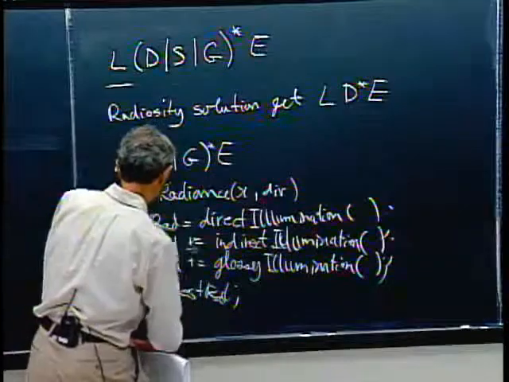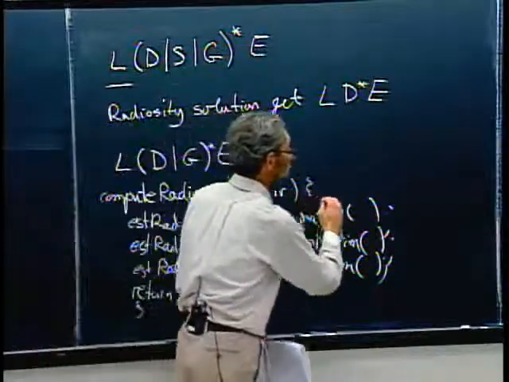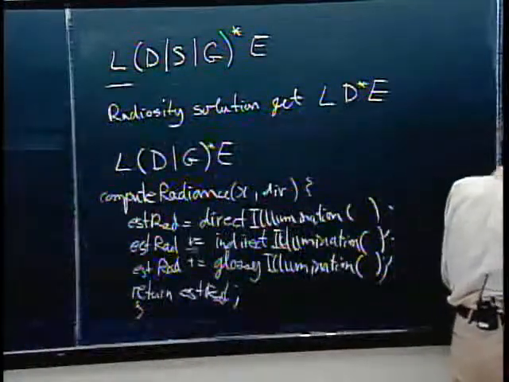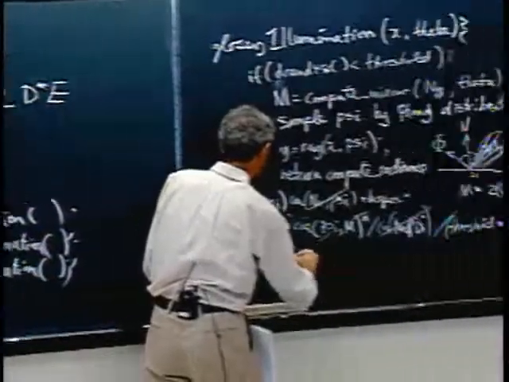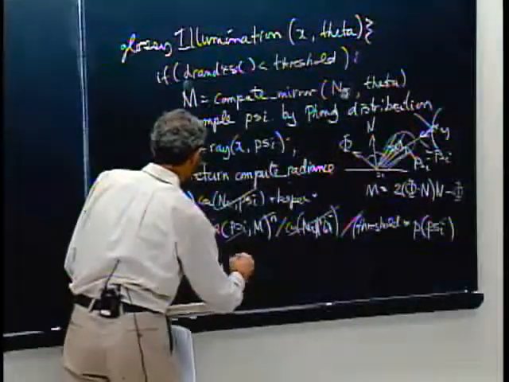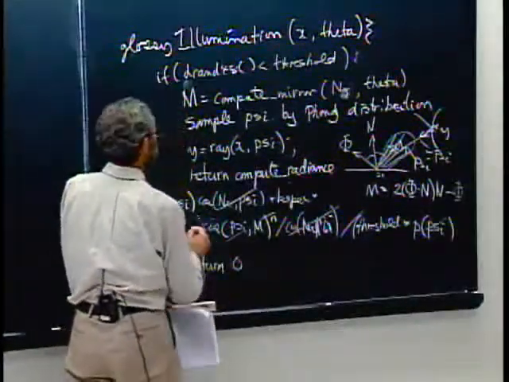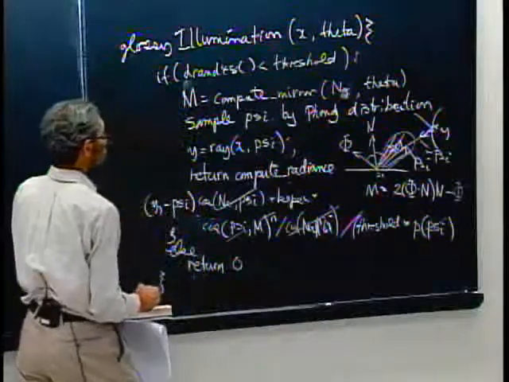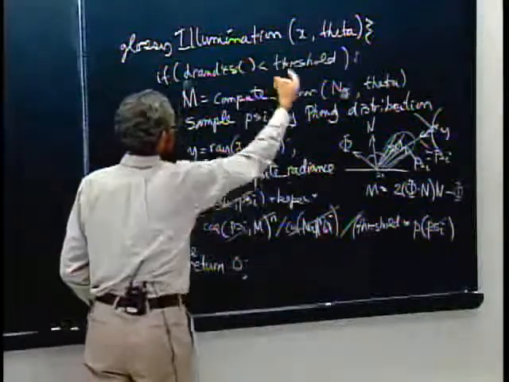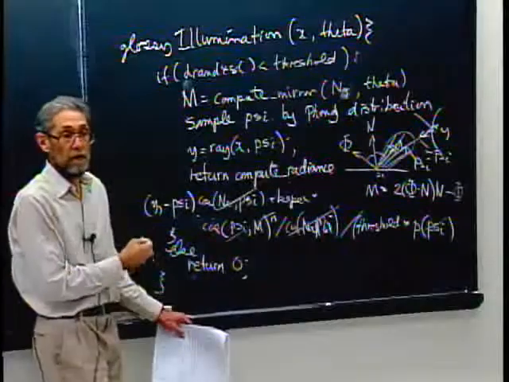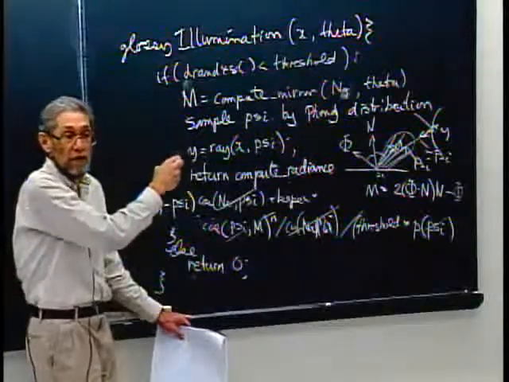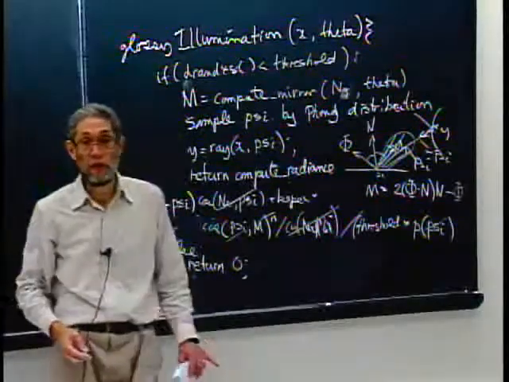And I see I made a mistake here because I need an else here. Else return 0. Because this threshold is your Russian roulette thing. So you're going to do Russian roulette on that.